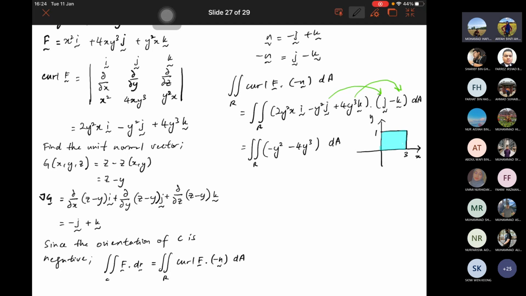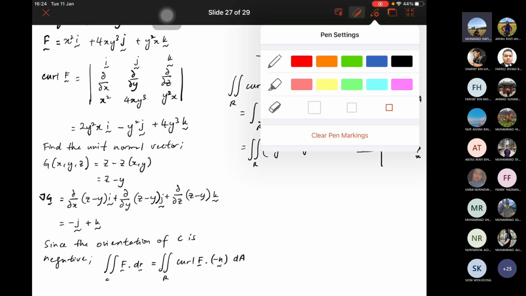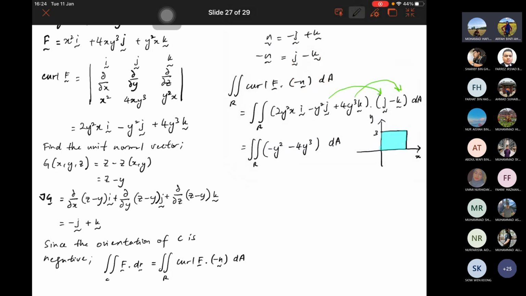Ke 1, 3? Dekat y 3, dekat x 1. Dekat y is 3, dekat x 1.